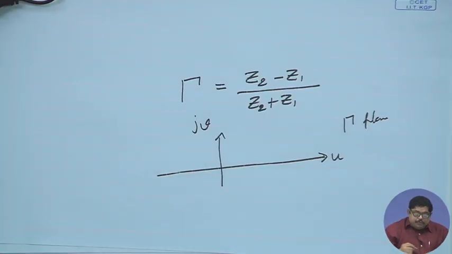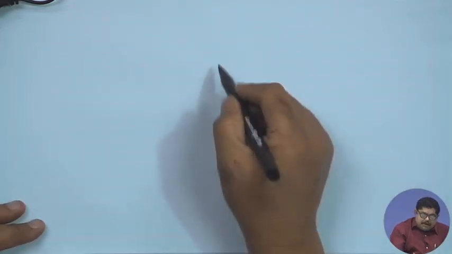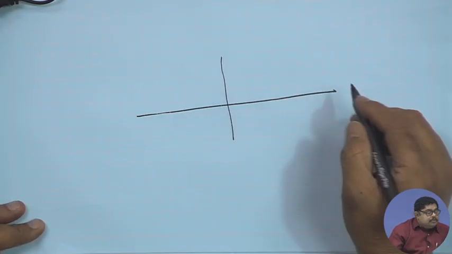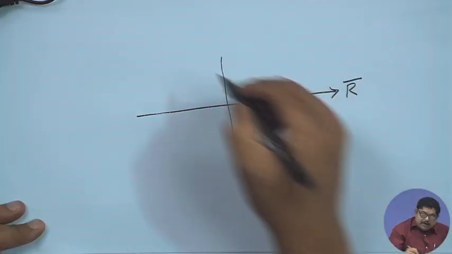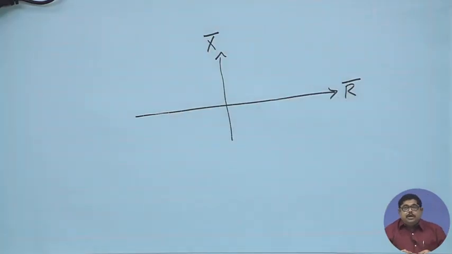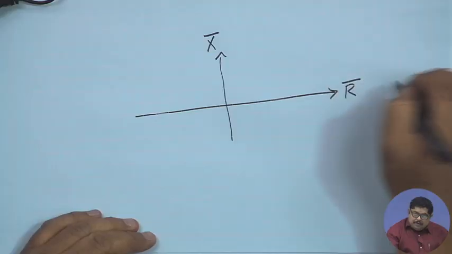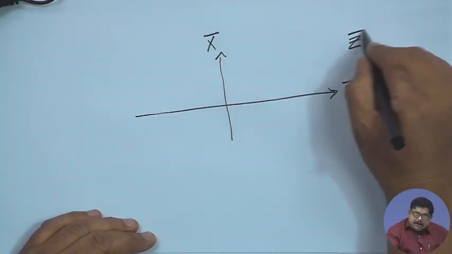Also, if I look at the same story in the Z plane, this side will be my r bar and this side is my x bar. You know that we can write any complex impedance as r bar and x bar. So this is our z plane.